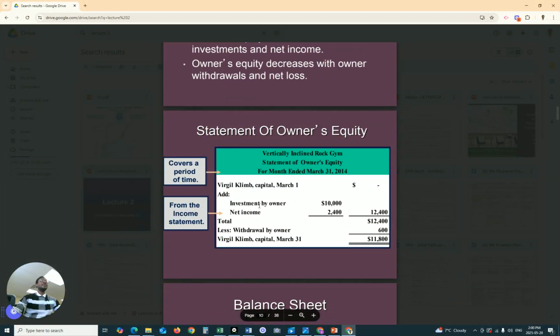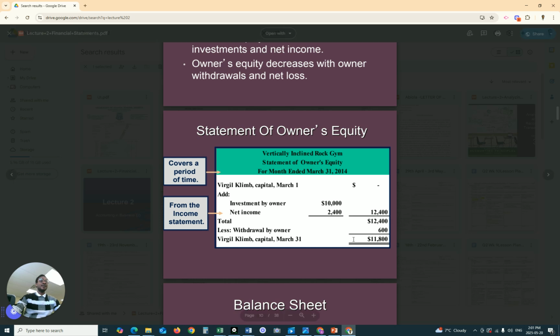So the investment by the owner at the beginning, or the one you have at the beginning, would add the additional investment by the owner in the period. That is not fixed. That doesn't happen every time, but when it happens, it's added to the beginning owner's equity. Net income would increase it, then withdrawal by the owner and net loss would reduce it to give us the closing equity.